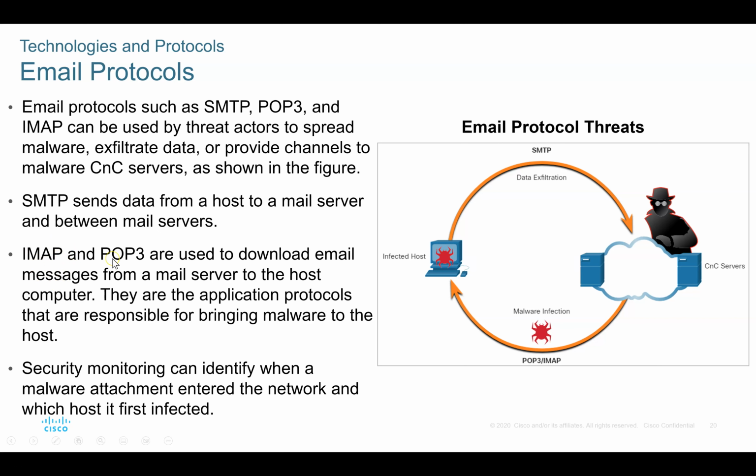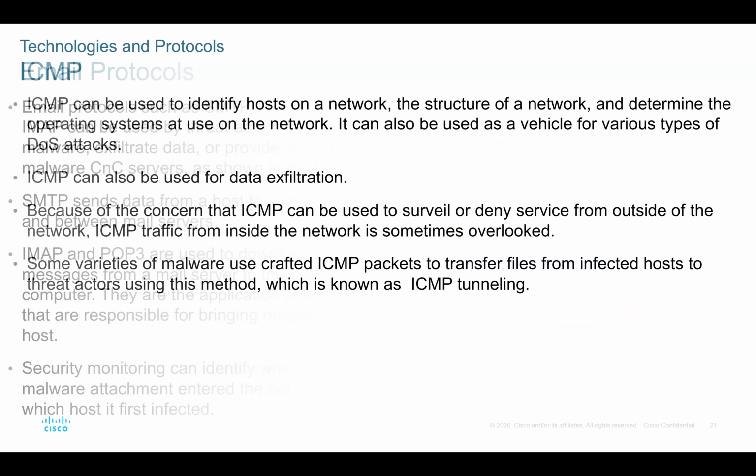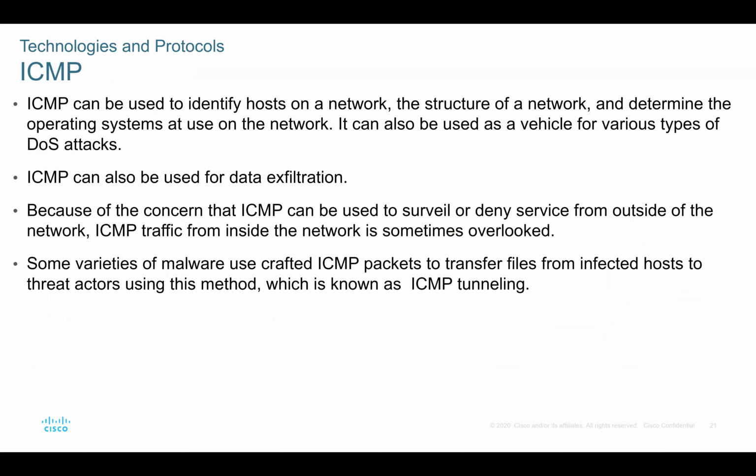In the IMAP, please write that down: IMAP and POP servers are typically used to download malware. So you have to monitor these, and have some sort of system to check them for anti-malware.